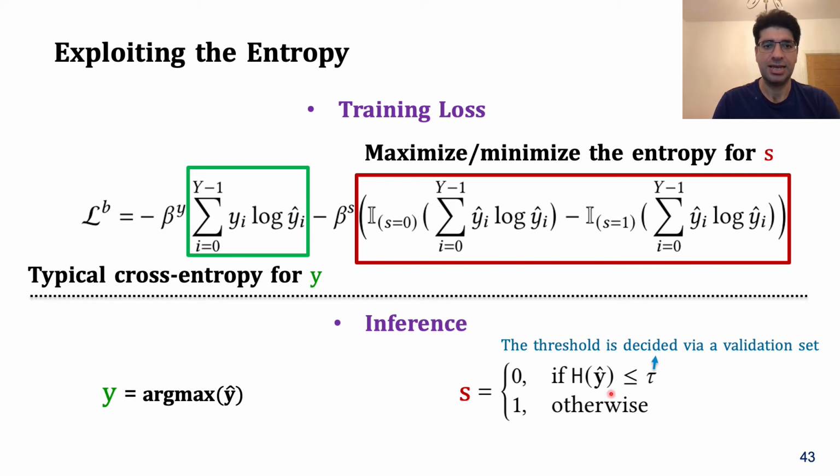If it's less than a threshold, then we predict the sensitive attribute as 0. Otherwise, if it's more than a threshold, it will be predicted as 1. This threshold can be decided during training time via a validation set. However, as we see, this method is only useful for binary attributes.